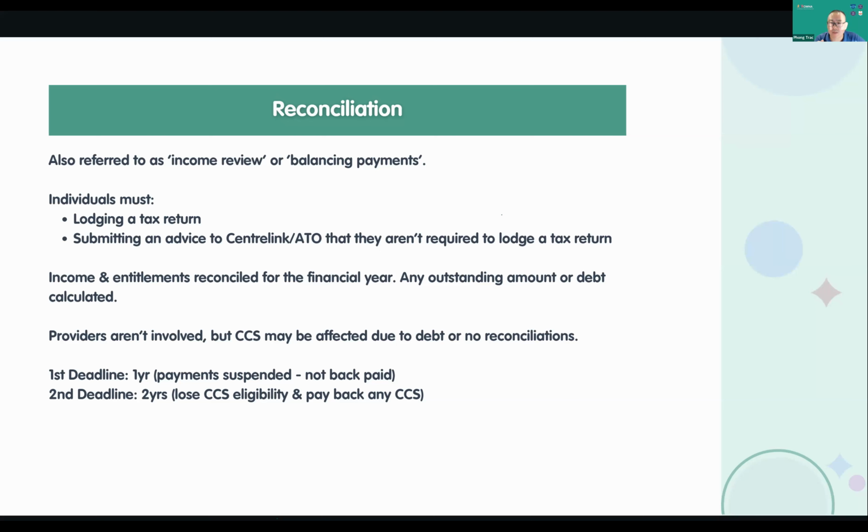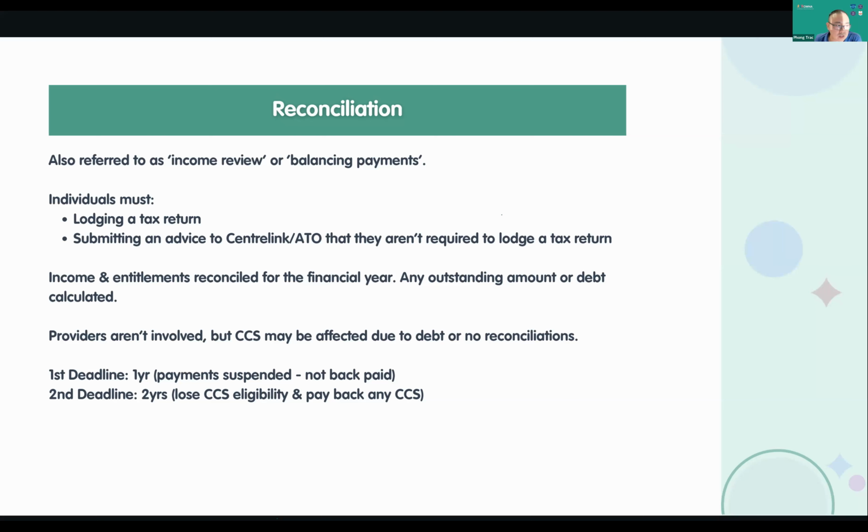That means you have to go through the income test, the activity test, and provide updated immunization certificates. It's like starting fresh again. The key one there is, despite the fact that you might be eligible, because you haven't submitted your income for at least 2 years, CCS will stop and they don't actually have to back pay you. That's the implication for parents.